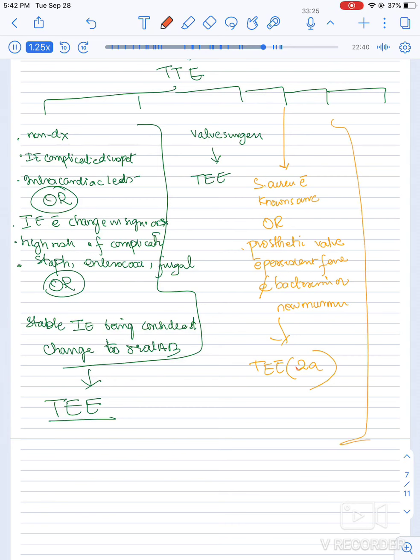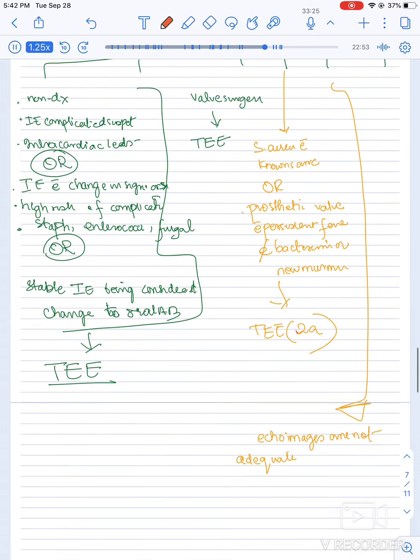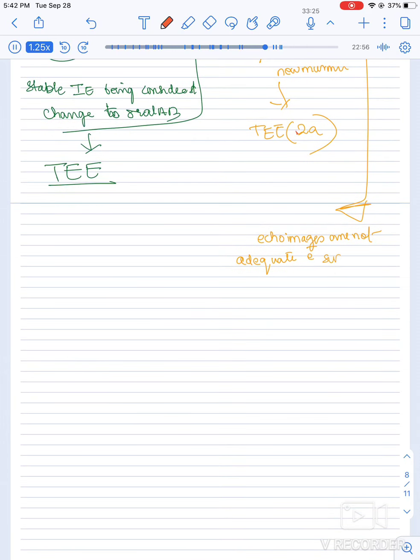Another class 2A indication is to get the cardiac CT, and we consider cardiac CT if the echo images are not adequate with suspected paravalvular abscess.